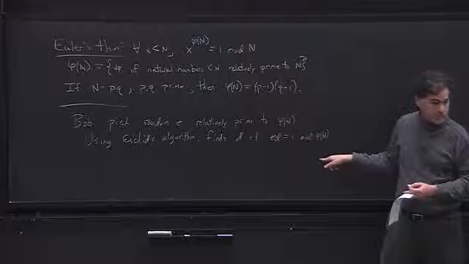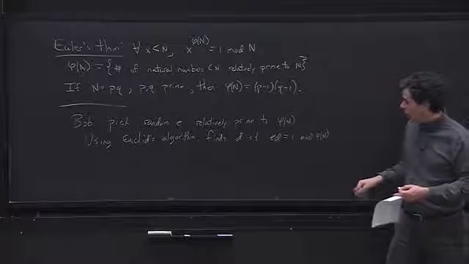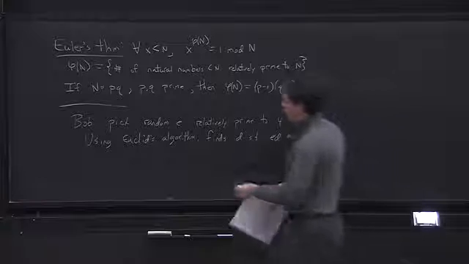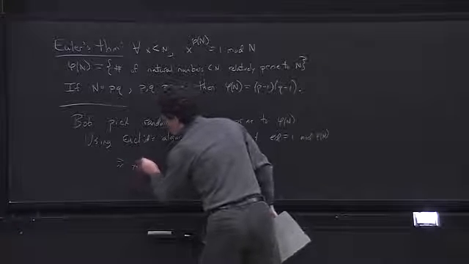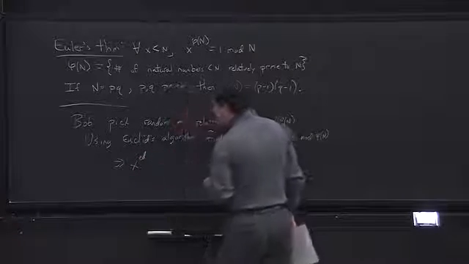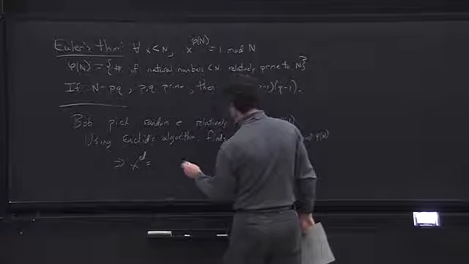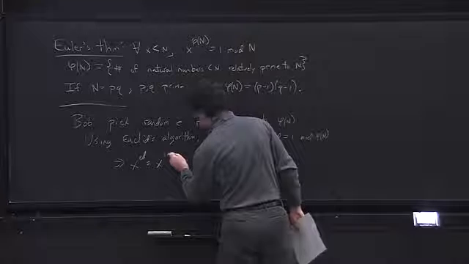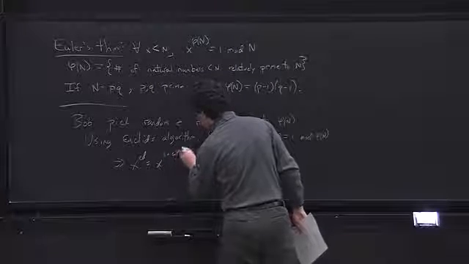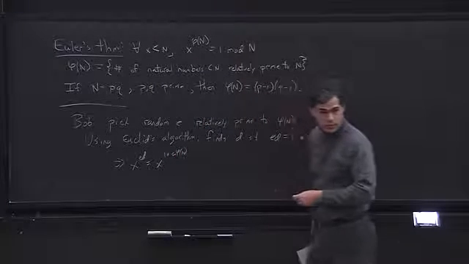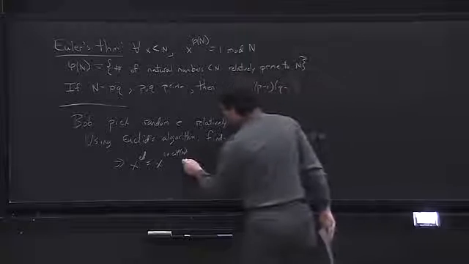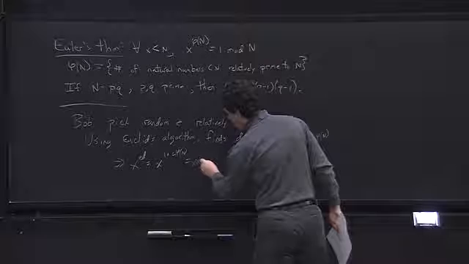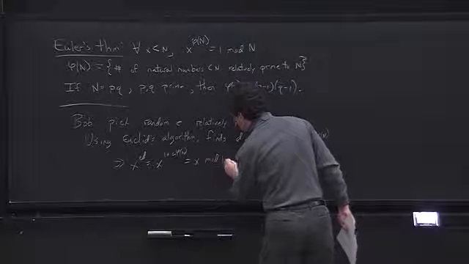And then once he has this d, well, then it has the desired property, right? Because x to the ed is going to be x to the 1 plus c times phi of n, which is, well, x to the phi of n is equal to 1, so this is just equal to x mod n, as desired.